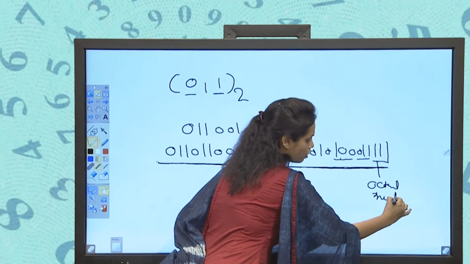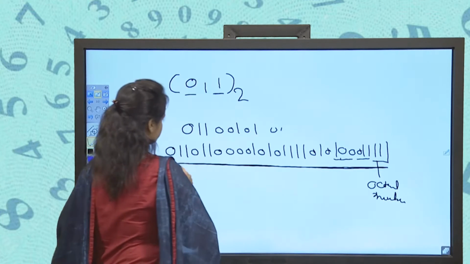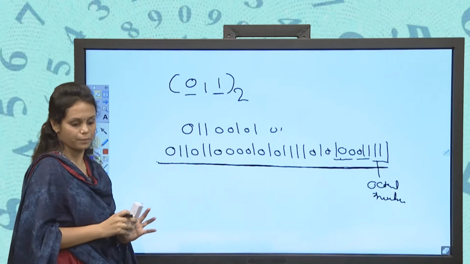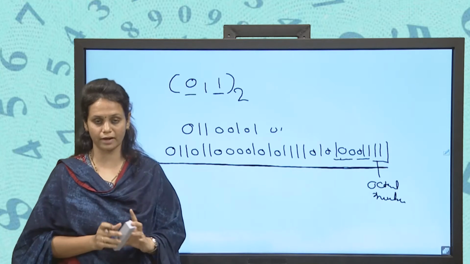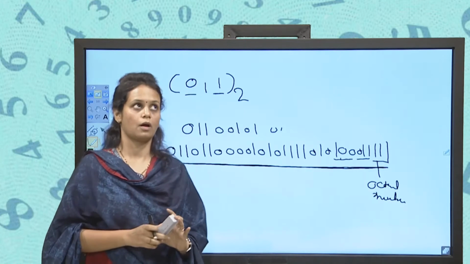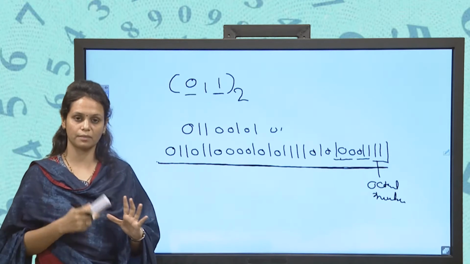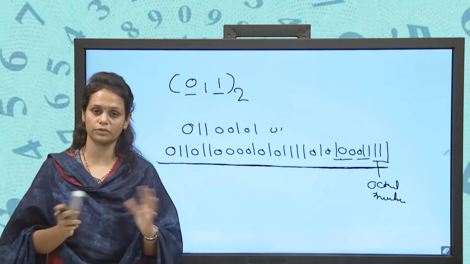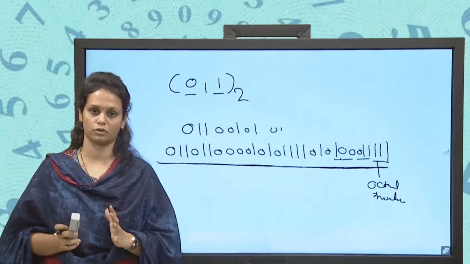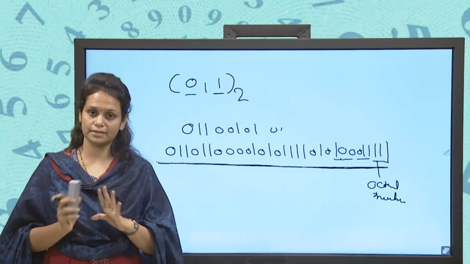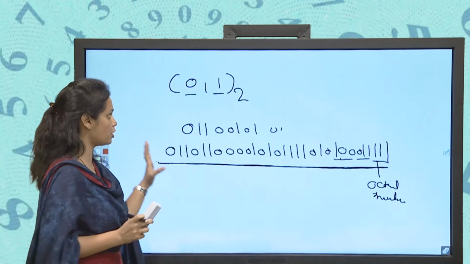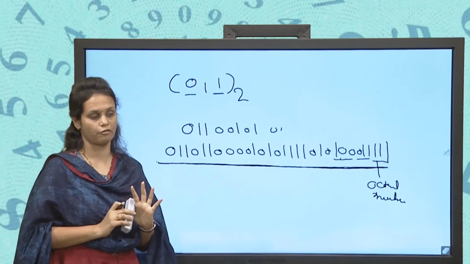It is called the octal number. Again I am repeating, there was no problem in the binary number, but if the sequence of the binary number is very long, then the task will become complex for the machine also. That's why, just for management, they are using the octal and hexadecimal numbers.